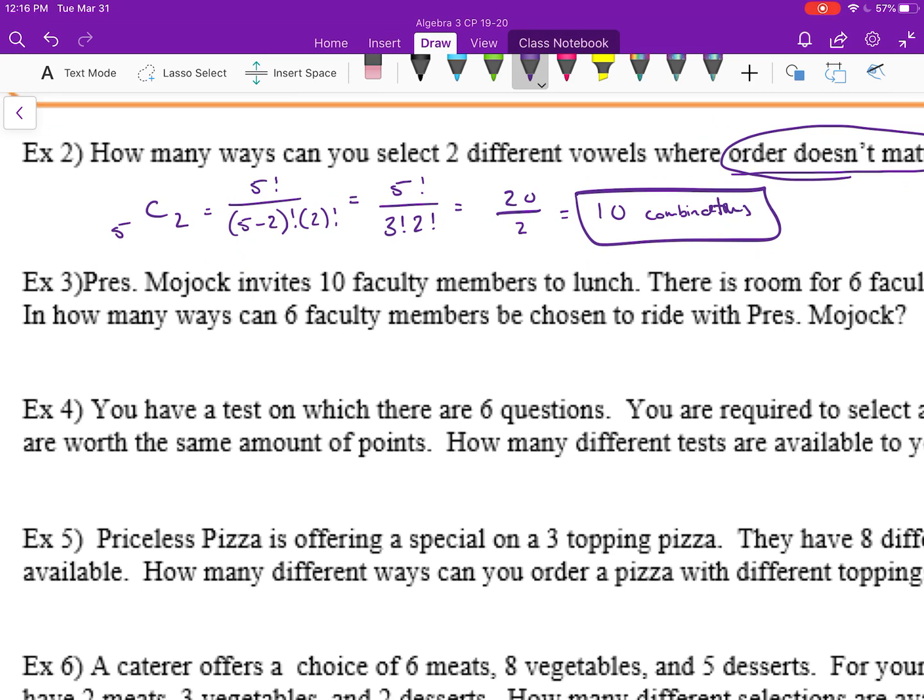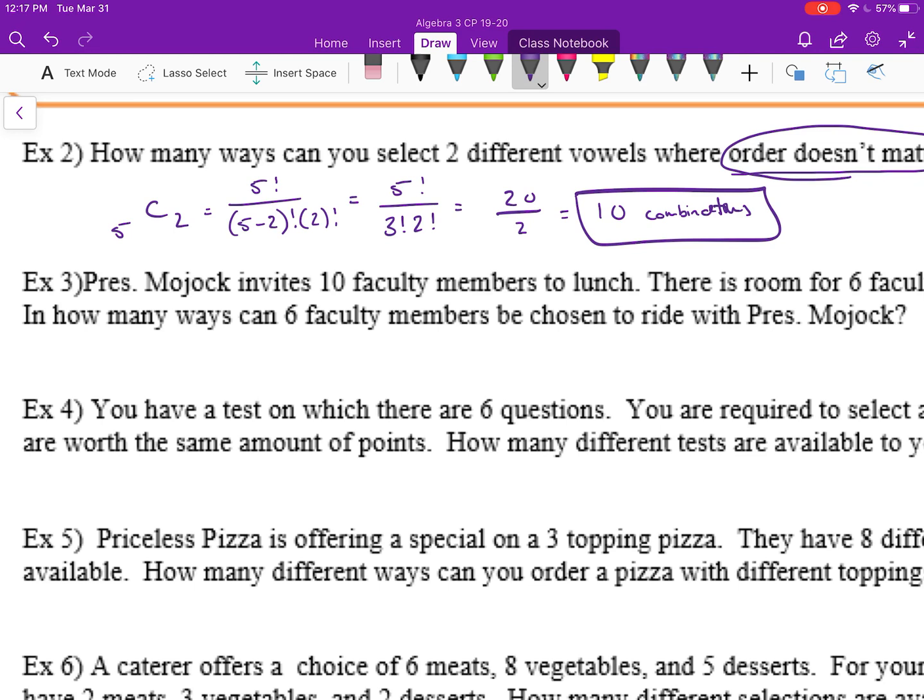So it looks very similar to what we did last lesson with the permutation stuff. We just have this extra little factorial down there to take into account that order doesn't matter. If we look at the next example, we have the president invites 10 faculty members to lunch. There's room for 6 members in the car.